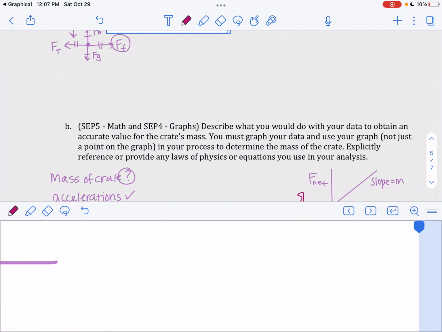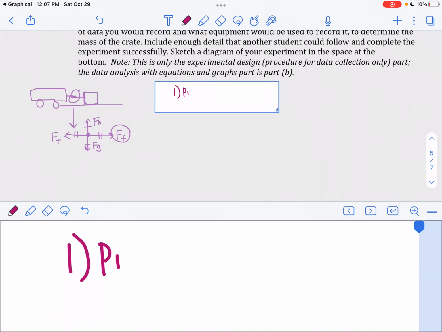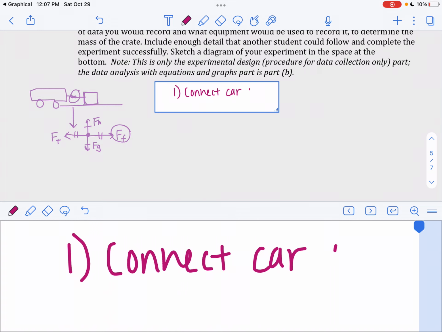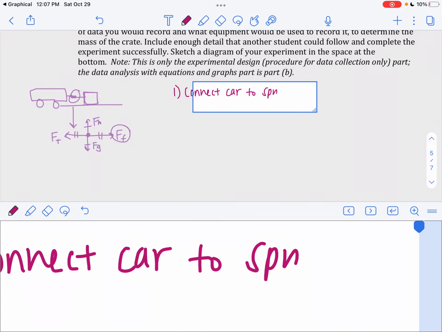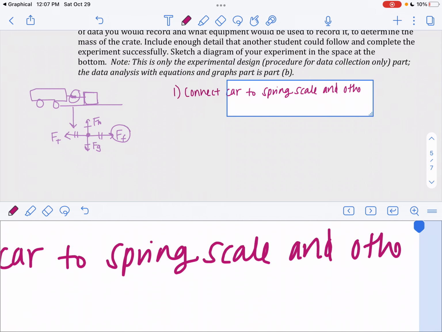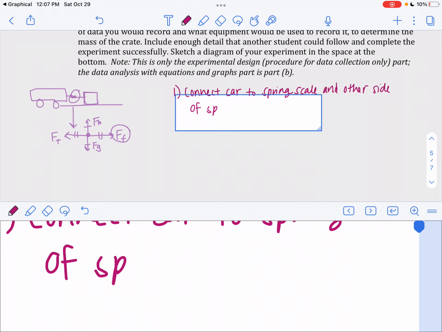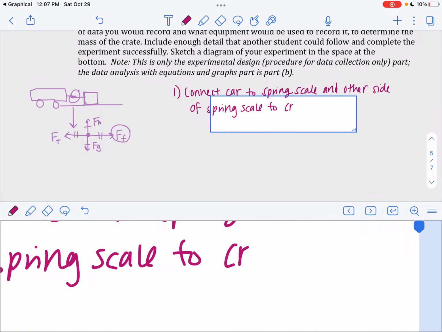So now I need to actually write what I'm going to do. So this picture is going to be helpful. The first thing I need to do is connect the car to the spring scale, and the other side of the spring scale to the crate.